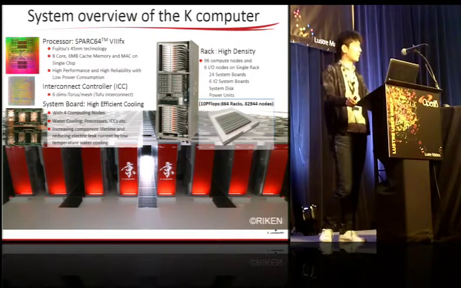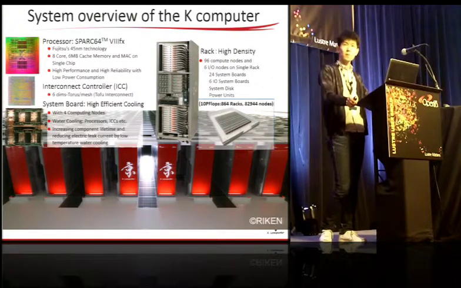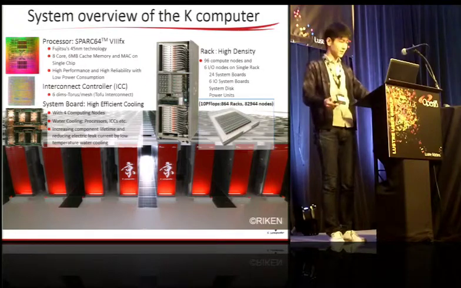CPU has 8 cores. In the system board, 4 compute nodes are mounted. Whole system consists of more than 800 racks, and peak performance is 10 petaflops.